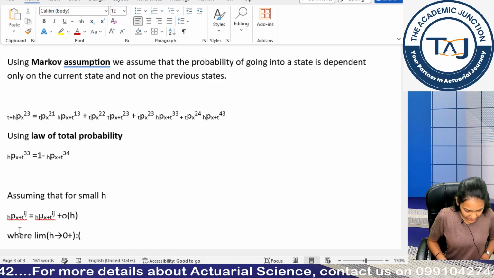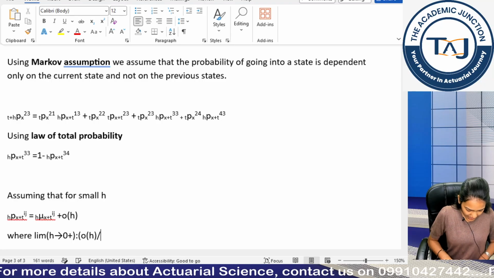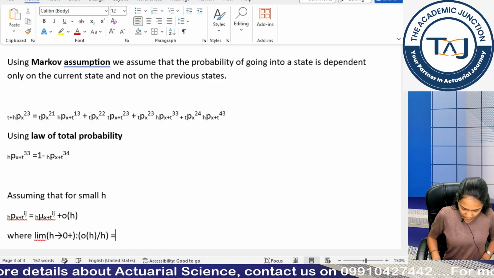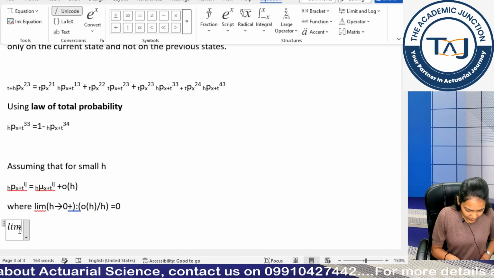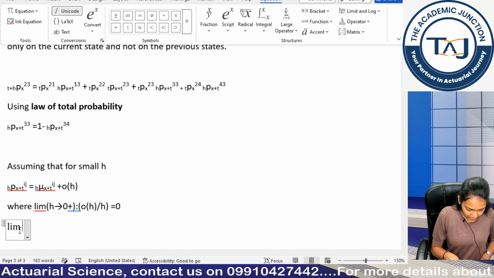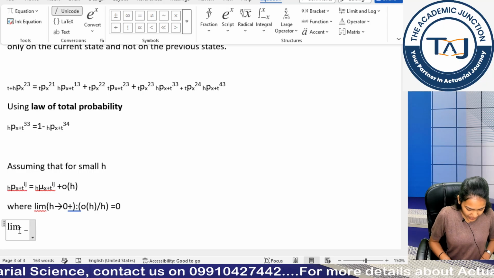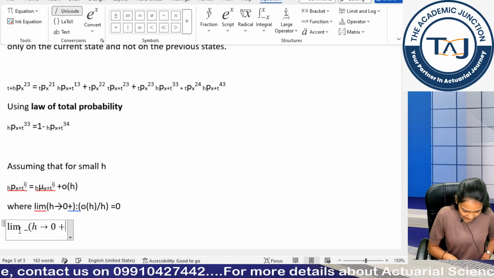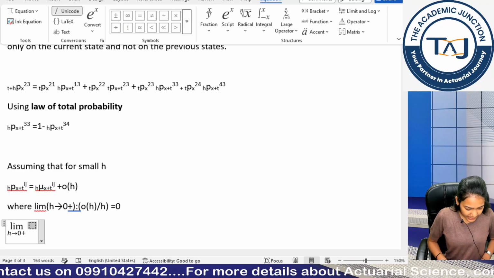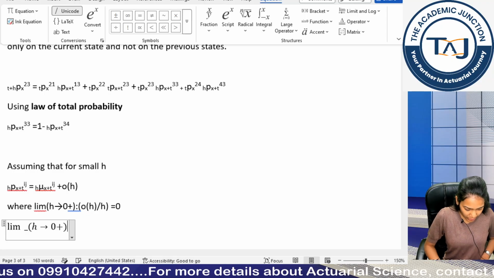Similar to the integral, we have o(h) by h, h is equal to 0. Otherwise in equation editor, lim, then you will place at the denominator. What is the denominator? h tends to 0 plus, like this. Clear? Let me show you again.